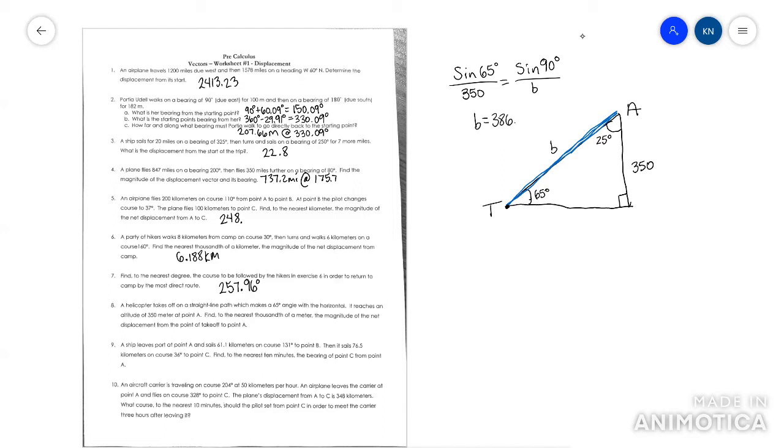That would be my answer, 386.18. And they're talking about meters, so meters.